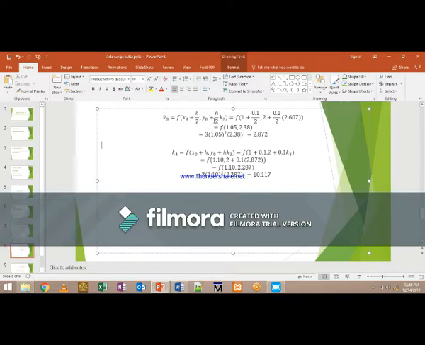We substitute the values into our formula, 3 times 1.05 squared multiplied with 2.38, and the answer is 2.872. Next, for k4, which is the function of x0 plus h and y0 plus h multiplied with k3.